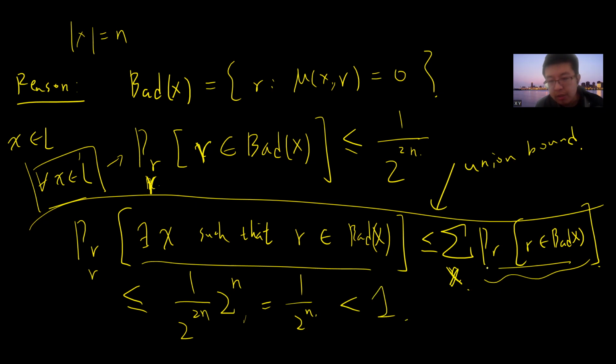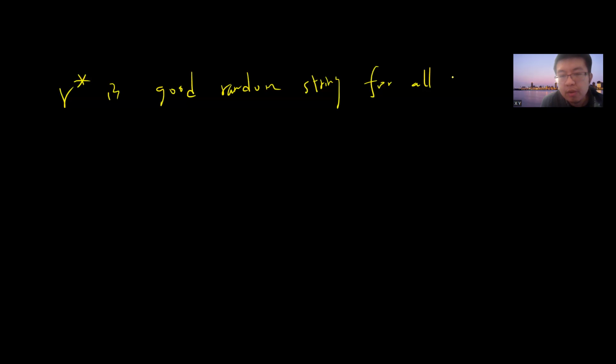So that means that if you sum over R the probability that R belongs to bad x, and sum over x, this probability is less than 1, so the fraction is less than 1. So there is a particular string R star such that R star does not belong to any bad x. So R star is a good random string for all x.